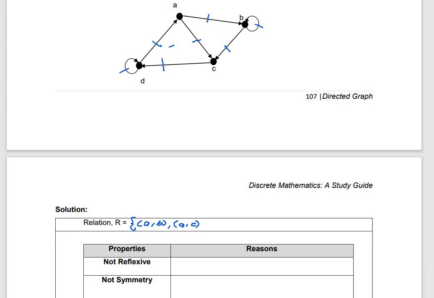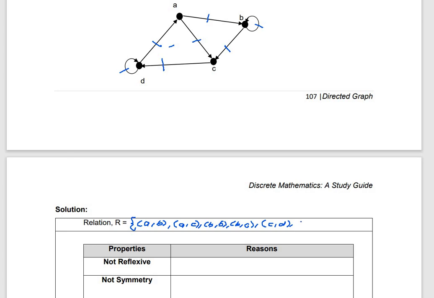Okay, satu untuk A. Lepas tu, I ambil untuk B. B, B. Next one, B, C. And after that, I pergi pada C. C pergi pada D. C, D. C tak ada dah kan?